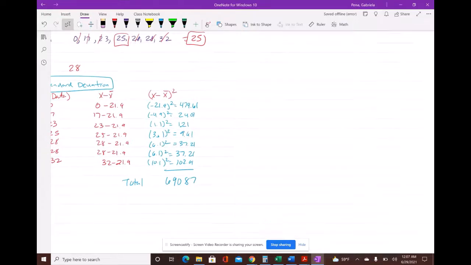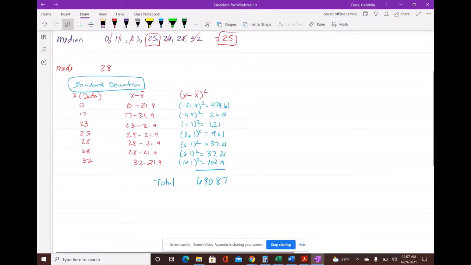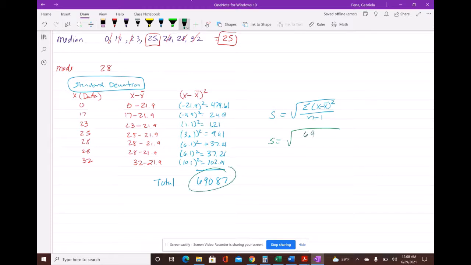Now let's remember what the formula for standard deviation is, which is the square root of the sum of these divided by n minus 1. So when I look at this, the sum of that is this number, 690.87, and n minus 1 is 7 minus 1, so that tells me that there is 6.